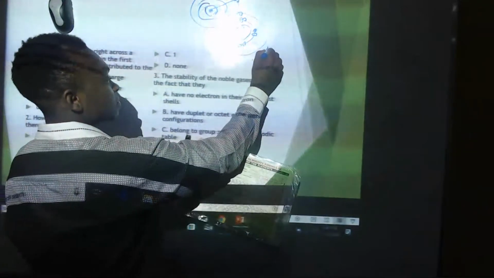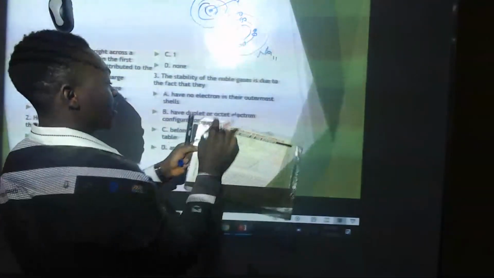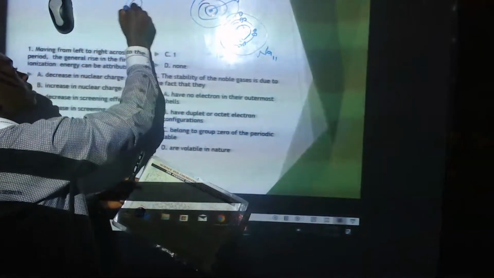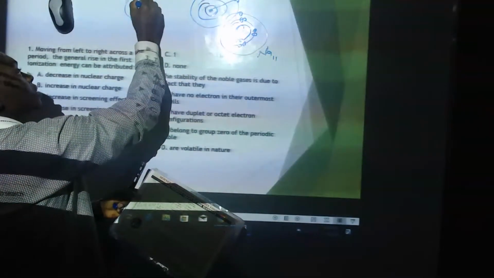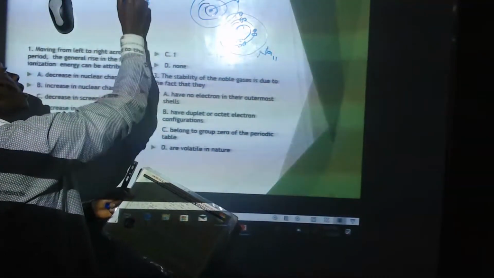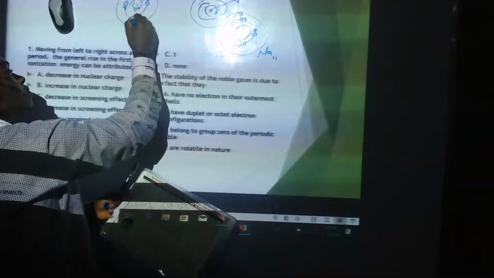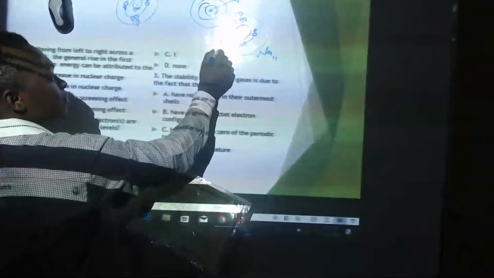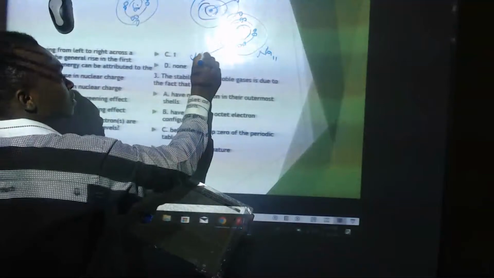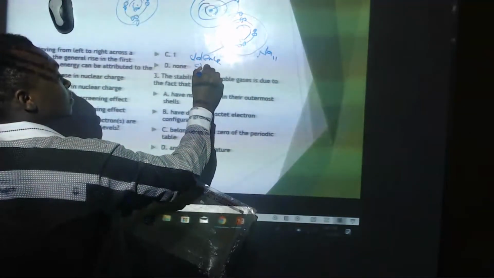This is sodium, 11. My next one is magnesium. Now, the same thing: 2, 8, and then 2. Now, you discover that they both have 3 valence shells.